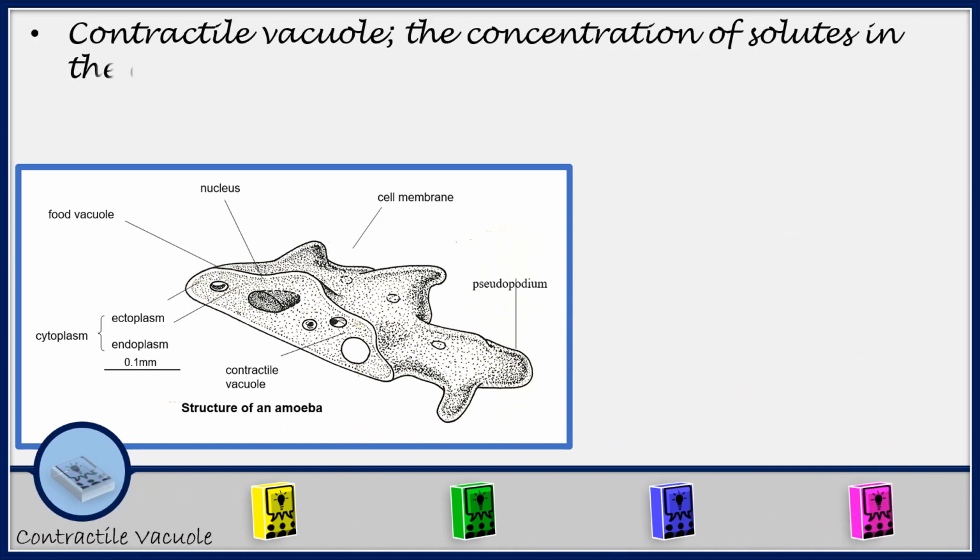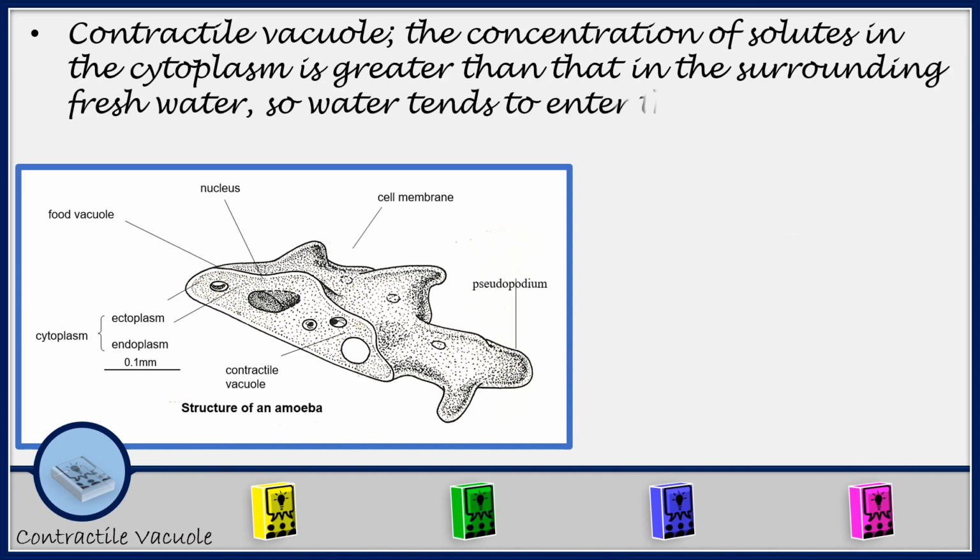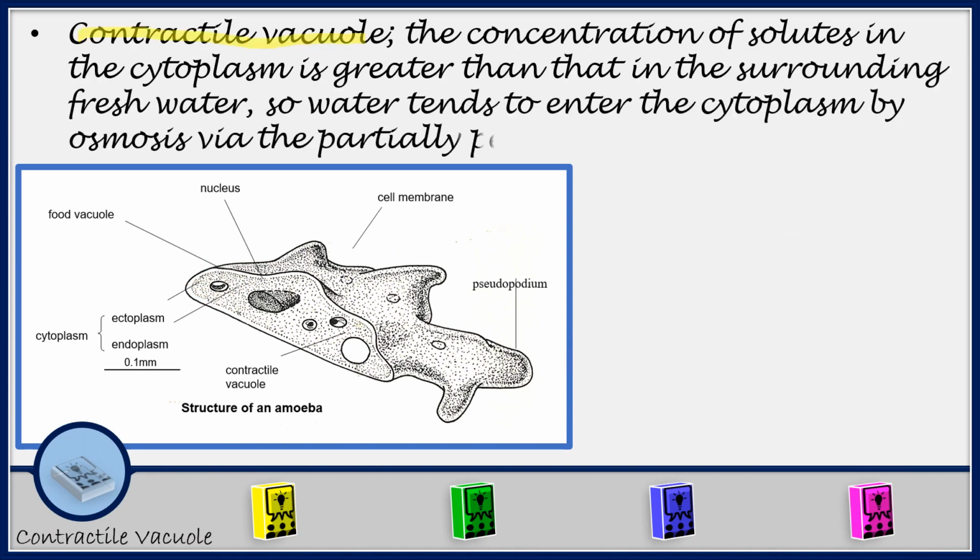Then another structure that we have is the contractile vacuole. You find that the concentration of solutes in the cytoplasm is always greater than in the surrounding fresh water.